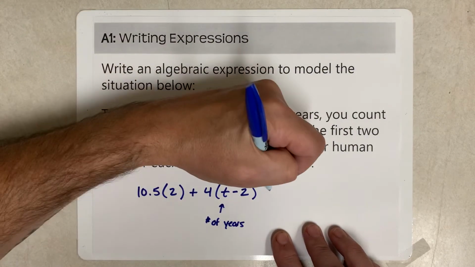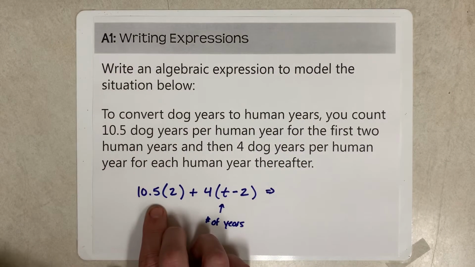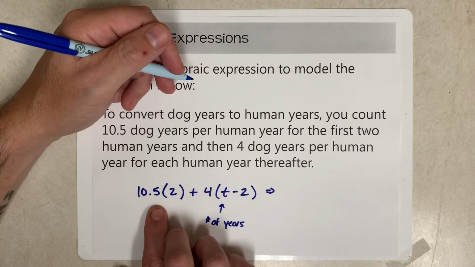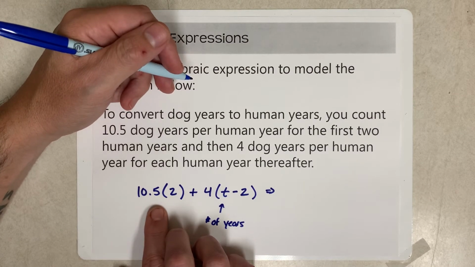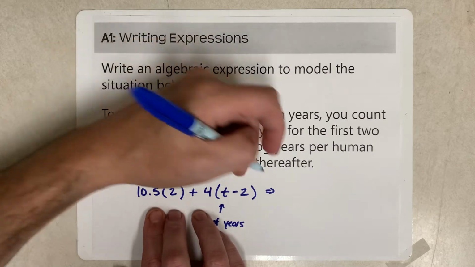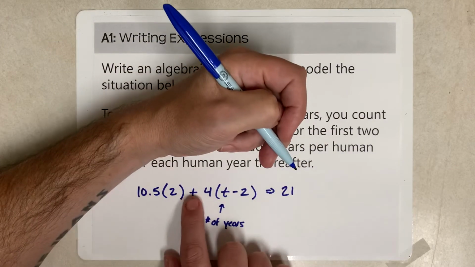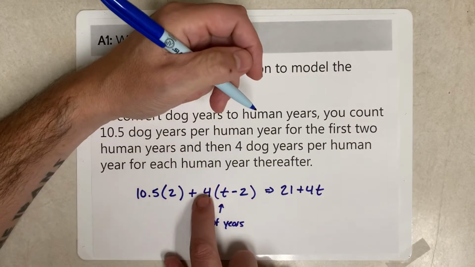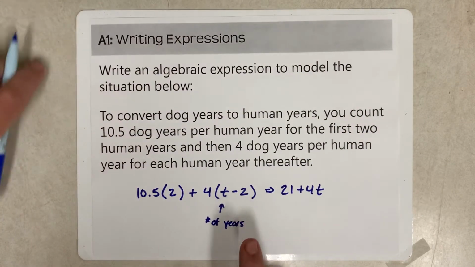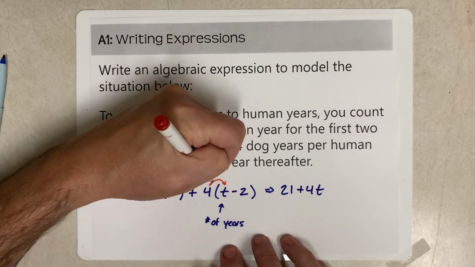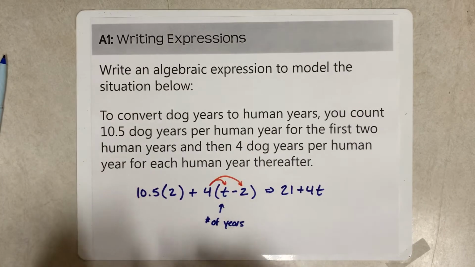So we can simplify this a little bit. 10.5 times 2, what would that be? That would be 21. Okay, so we could say 21 plus 4t, and then minus 8 if we distribute, right? So what I'm doing now is distributing this 4 to both of these guys.